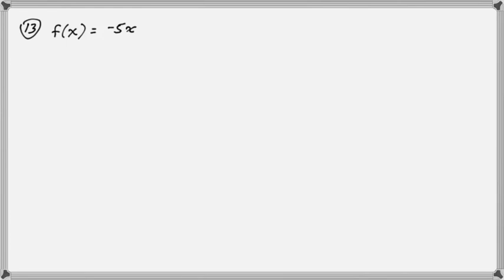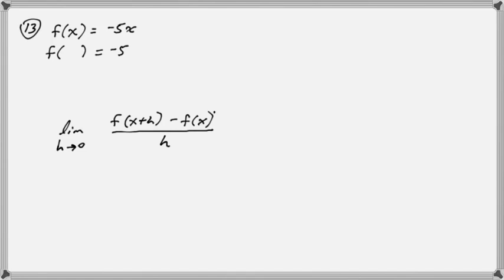We're going to do the limit as h approaches 0 of f of x plus h minus f of x, the whole thing divided by h. If I know what f of x is, how do I find f of x plus h? You replace every x with x plus h. So x plus h.